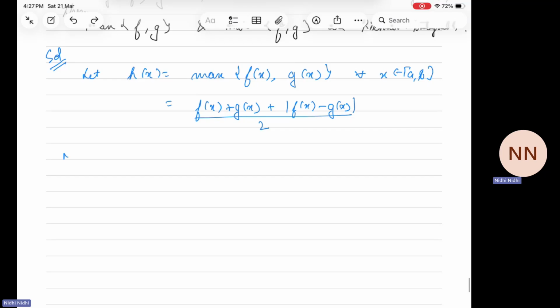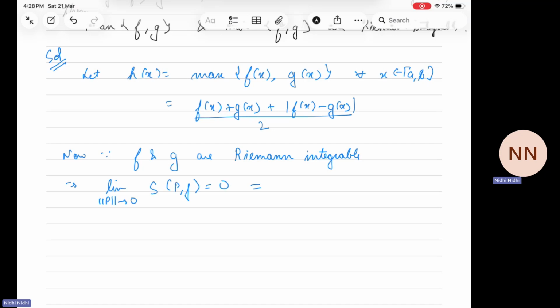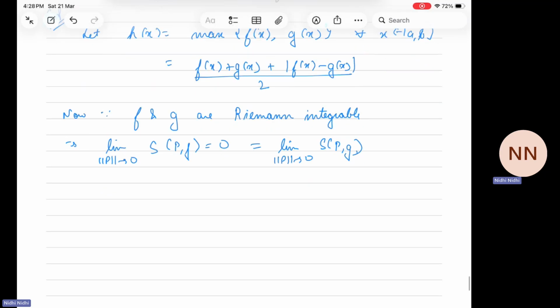So now since f and g are Riemann integrable, this implies that the limit as norm of P tends to 0 of S(P, f) is equal to 0, which is equal to the limit as norm of P tends to 0 of S(P, g), where S(P, f) and S(P, g) are the Riemann sums, given as follows.